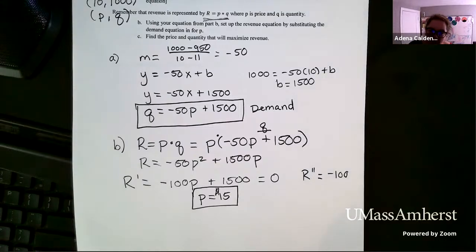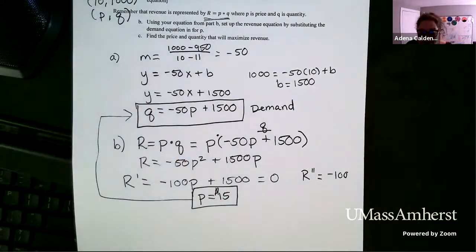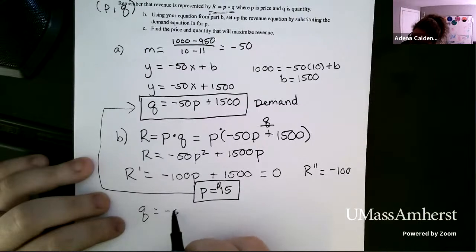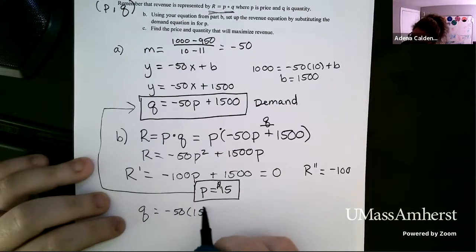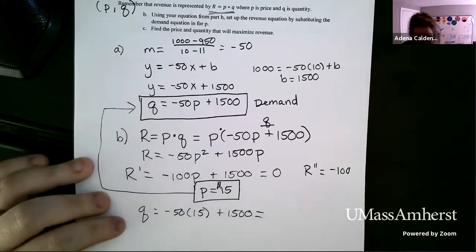Now, for part C, it was to find the price and quantity that maximized. So in order to find the corresponding quantity, I need to go back to my demand equation and plug the 15 in. So here I have Q equals negative 50 times 15 plus 1500.